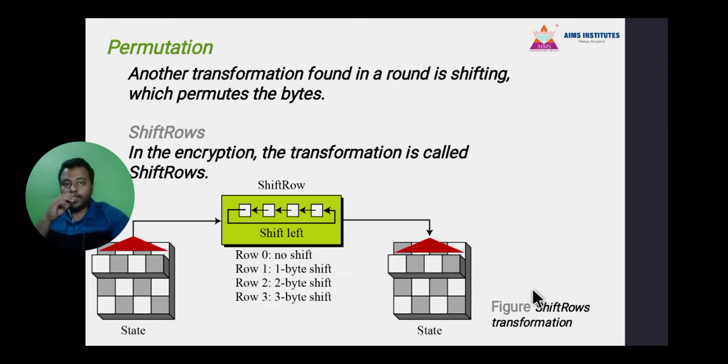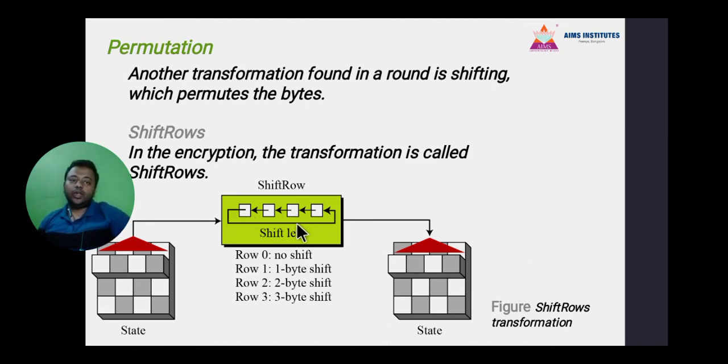Next comes the permutation. When we talk about permutation, it is also known as shift rows. We used the P box in DES and the substitution box or S box in DES, but here the same process has a different name. Shift rows is basically when we transform the rows of the matrix from one place to another.